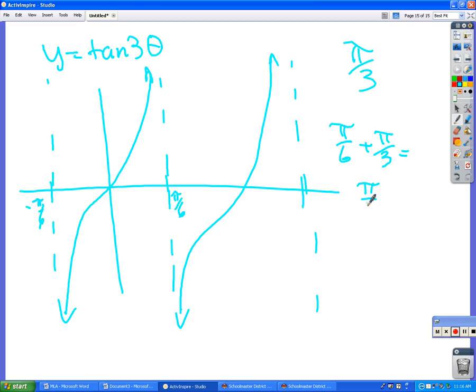So I'm really going pi over 6 plus 2 pi over 6, because I doubled the bottom to get 6, so I have to double the top. So that's 3 pi over 6, which reduces to pi over 2. So my vertical asymptotes in this case will be at negative pi over 6, pi over 6, and pi over 2.